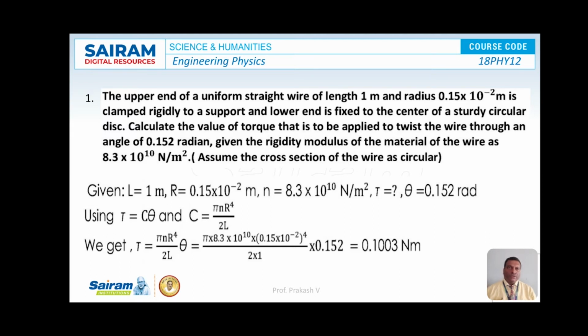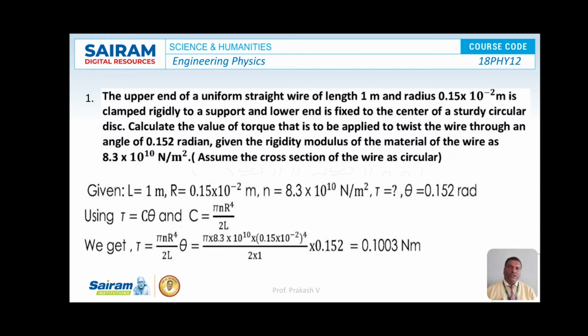According to the formula, we know T is equal to C theta. Further, C is equal to pi n r^4 by 2L. Therefore, T can be written as pi n r^4 by 2L into theta.